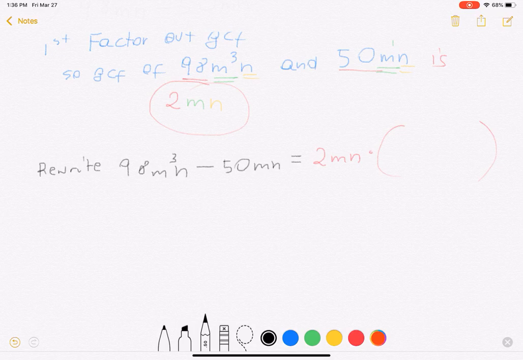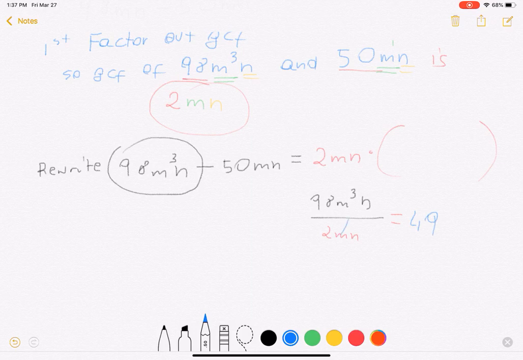Let's review what we did in the previous section. You take that 98m cubed n and divide it by the GCF, which is 2mn, and the quotient goes inside the parentheses. So 98 divided by 2 will give you 49. m cubed divided by m will give you m to the second power, and n cancels. So we're going to get 49m squared.